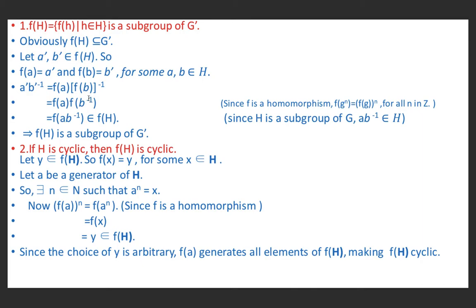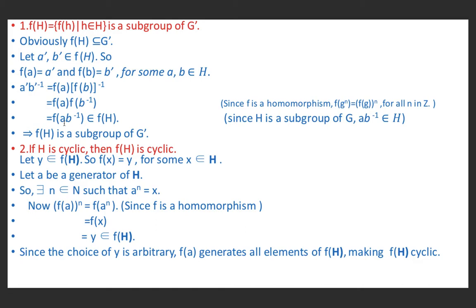This is by the property of homomorphism. So f(a) f(b) inverse is equal to f(a b inverse). Again, this is by the definition of homomorphism, because a homomorphism preserves the group operation. So this is f(a b inverse).